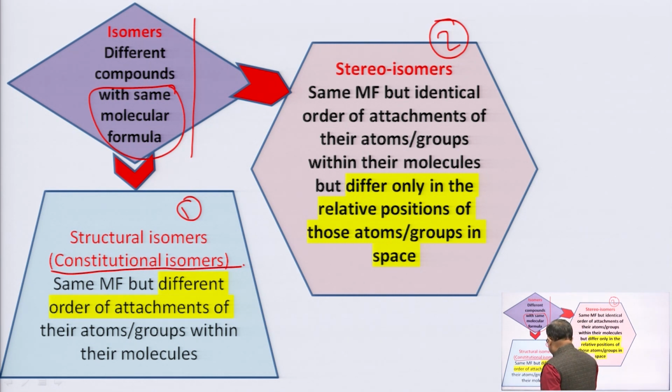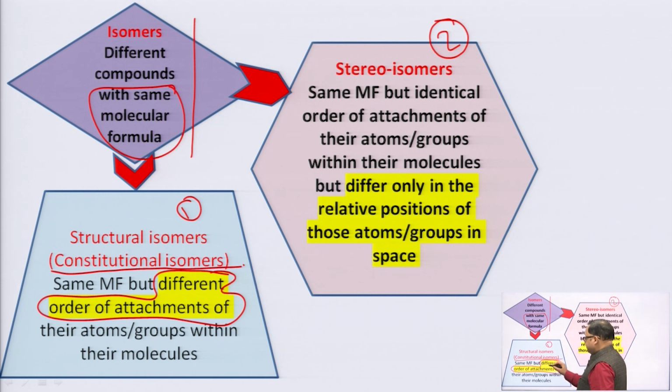Structural isomers have a different order of attachment. They possess the same molecular formula, but their order of attachment of different groups and atoms is variable.